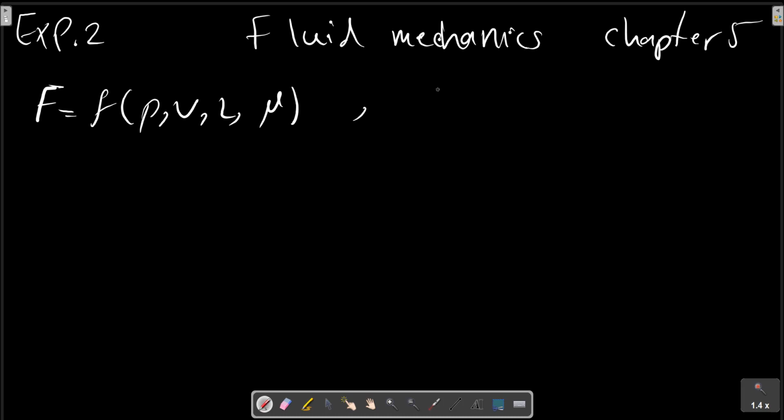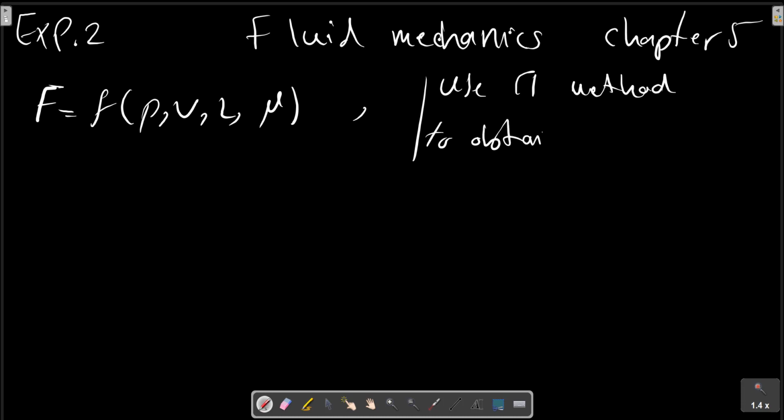Develop a pi method to obtain a dimensionless number.